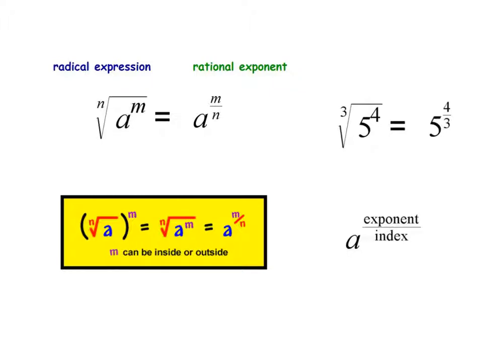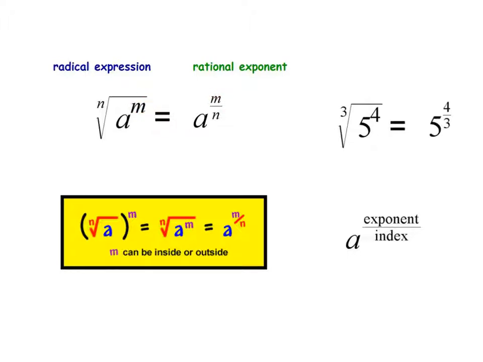All right, here's where we get to the meat of our lesson. If we have this radical expression with the index and an exponent, it can be rewritten as a rational exponent. Notice that the index, which we're calling n, goes in the denominator of this fraction, and the exponent goes in the top.